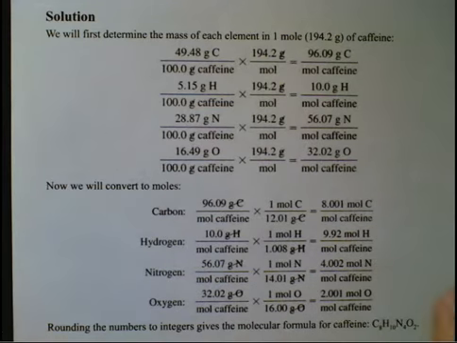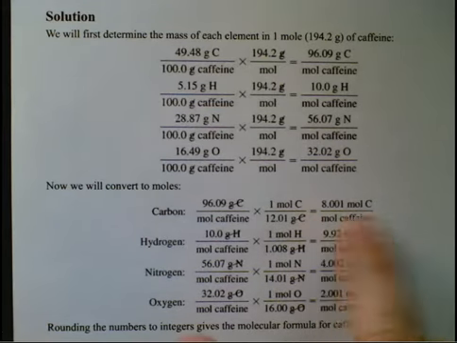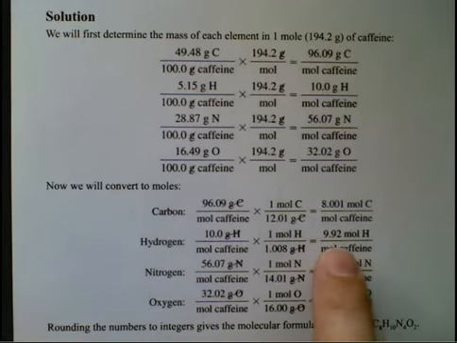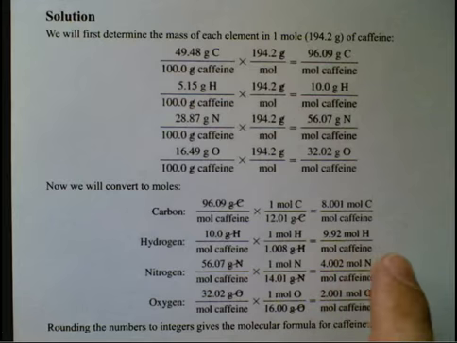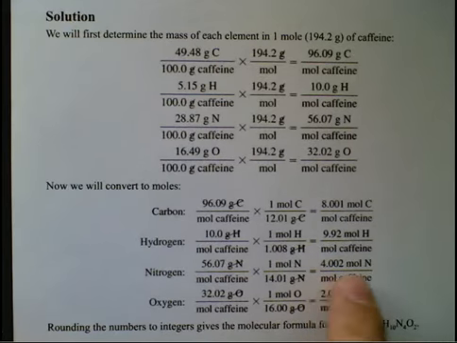So for carbon, we have 8.00 moles of carbon per mole of caffeine. For hydrogen, we have 9.92 moles of hydrogen per mole of caffeine. For nitrogen, we have 4.002 moles of nitrogen per mole of caffeine. And then for oxygen, we have 2.001 moles of oxygen per mole of caffeine.